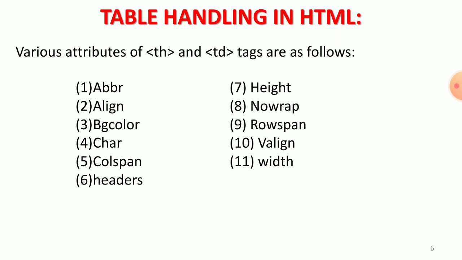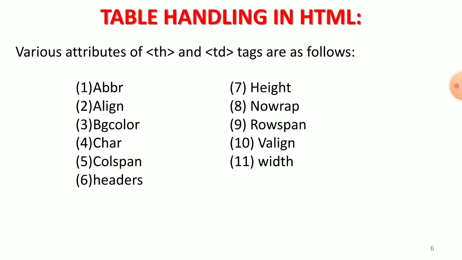Fifth, colspan indicates the number of columns that the cell spans across. Sixth, headers indicates the corresponding headers for the cell. Seventh, height specifies the height of the cell. Eighth, nowrap, which stops the text from automatically wrapping into a new line within the cell.